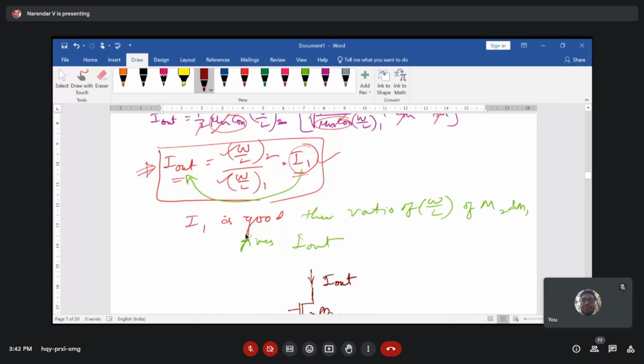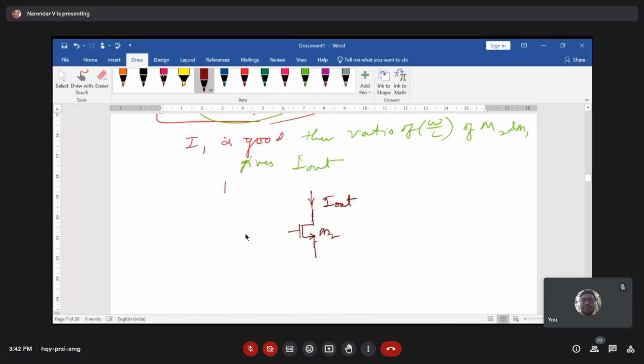So the same arrangement that we will do here: this is the I reference current, golden current, which is coming from some source, and it is entering at the drain terminal of a MOS transistor, this one, and this transistor's drain and gate terminals are connected together, right? So this is the VB voltage that you require for the transistor to generate the I out current.